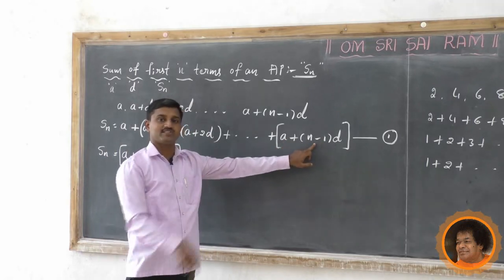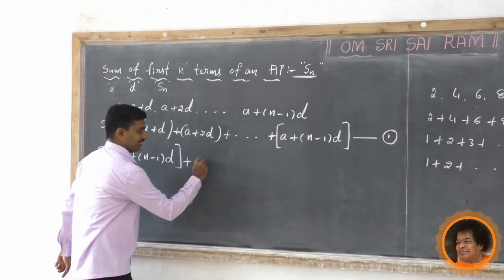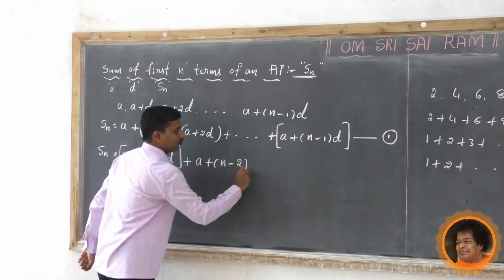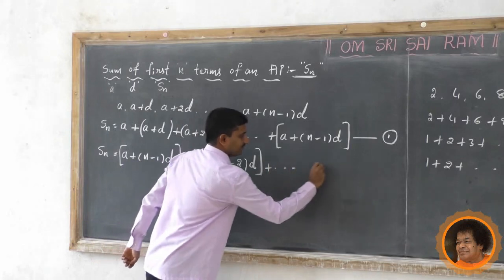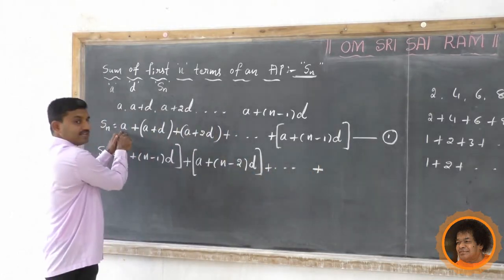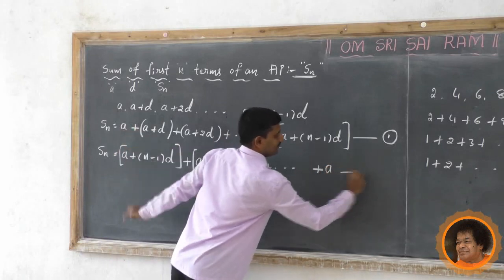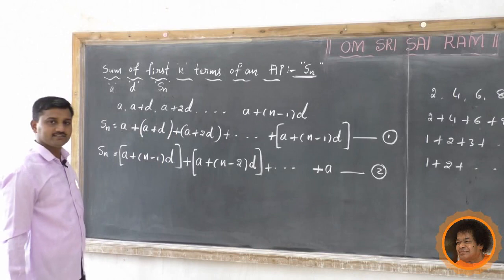The previous term is a plus n minus 2 into d, and so on, plus a, where the first term a is now the last term. Let it be equation number 2. Got it?